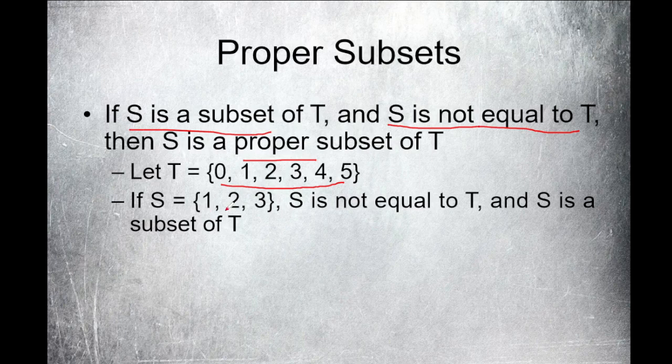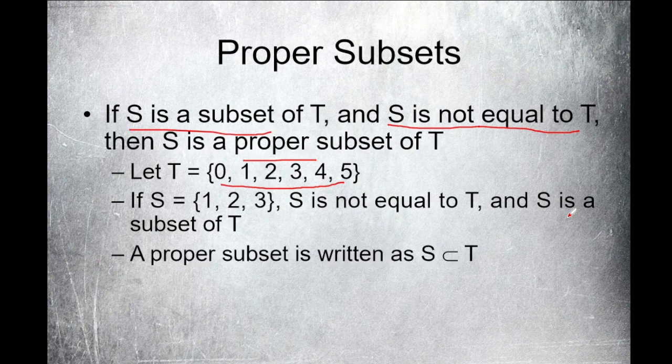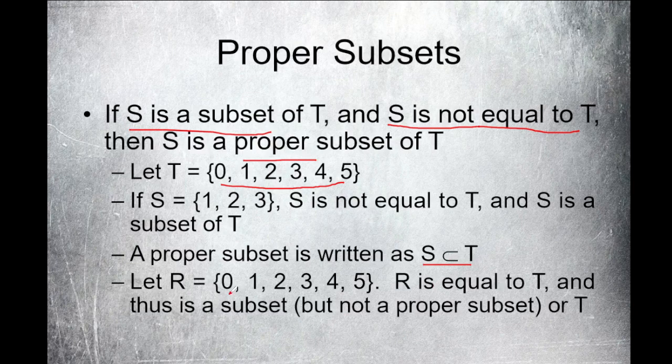For S, all the elements are present in T, but I cannot say that S is equal to T. Then I can say that S is a subset, but it is not equal, and because of this I can say that S is a proper subset of T. You can see that here the equality sign is not used, and so I'm using that one.